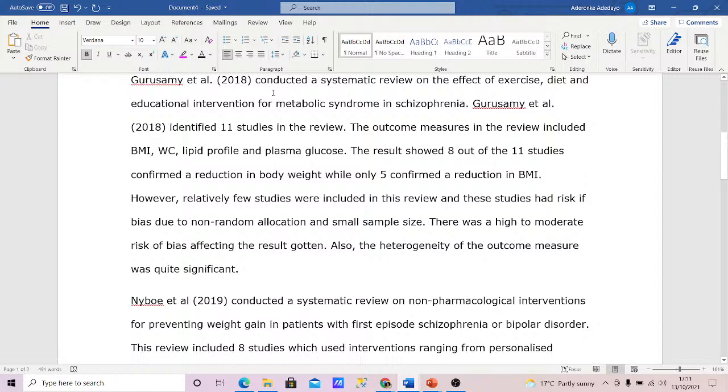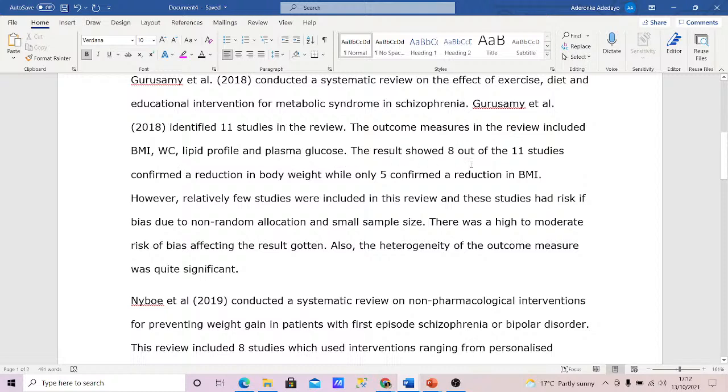This guy here conducted a systematic review on the effect of exercise, diet, and educational intervention for metabolic syndrome in schizophrenia. He identified 11 studies in this review. The outcome measures in the review included BMI, waist circumference, lipid profile, and plasma glucose.